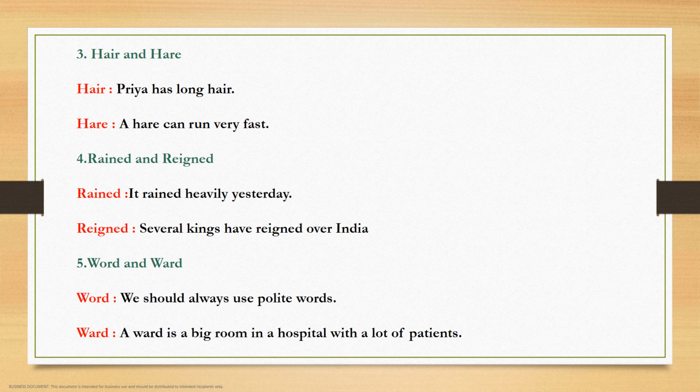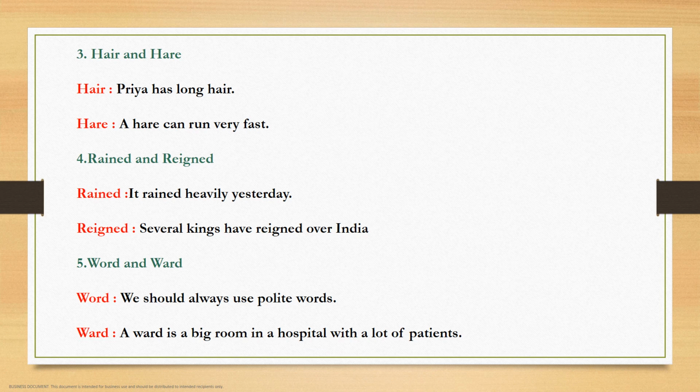The second one is R-E-I-G-N-E-D. And here please note the G is silent. We do not pronounce G. So we say reigned. Reigned means ruled over. Usually it is for kings, emperors, queens.